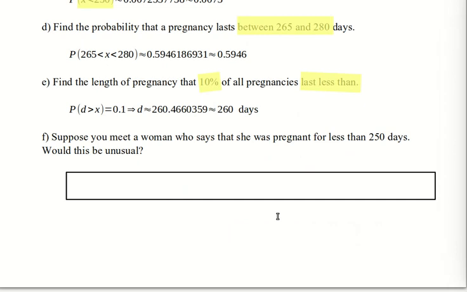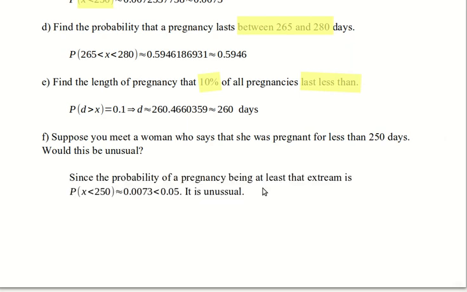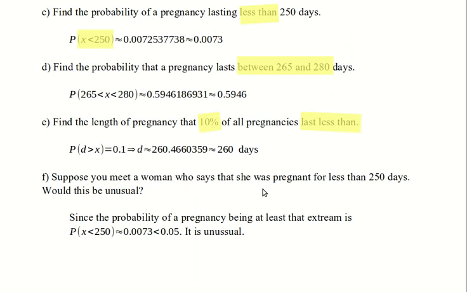Suppose you met a woman who said that she was pregnant for less than 250 days. Would this be unusual? And we have to say, since the probability of a pregnancy being less than 250 days is approximately 0.73%, that's definitely less than 5%, so we would say that it's unusual.